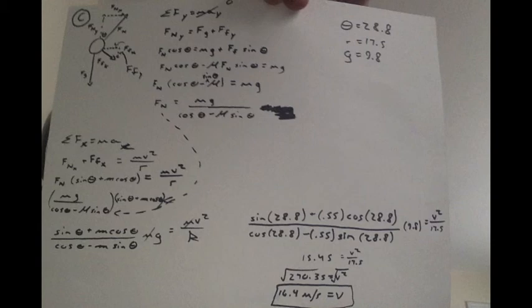We can plug in the radius, which is 17.5, and we can plug in acceleration due to gravity, which is 9.8. So when we evaluate this whole big block, we're left with just 15.45 equals v squared over 17.5. And you can multiply both sides by 17.5 and then take the square root of both sides, and you get 16.4 meters per second as the velocity.